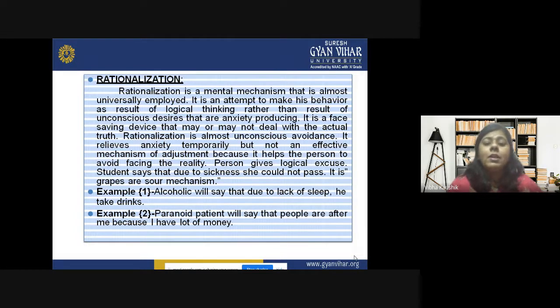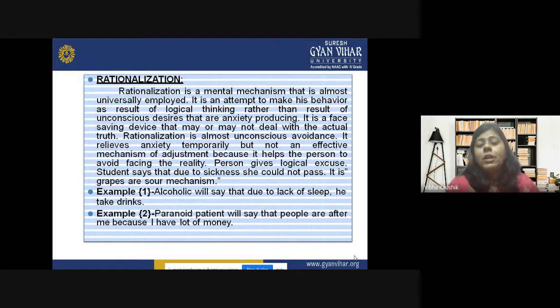Those unconscious desires are producing anxiety. It is a face saving device that may or may not deal with the actual truth.